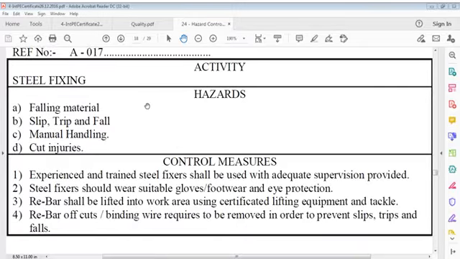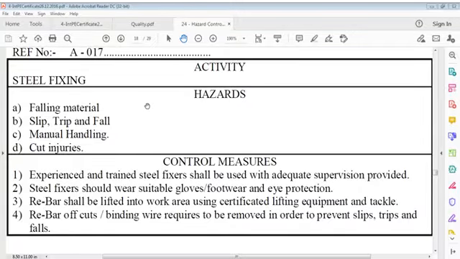In steel fixing there is a chance of falling material, slip, trip and fall, manual handling, and cut injuries. Cut injuries are very important. People can slip and trip on bars, and they should not walk on bars.